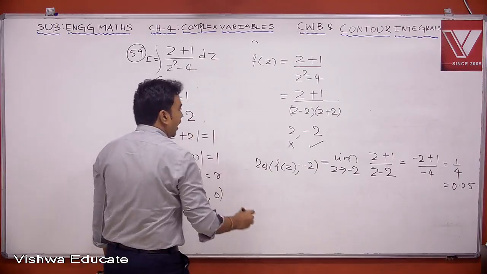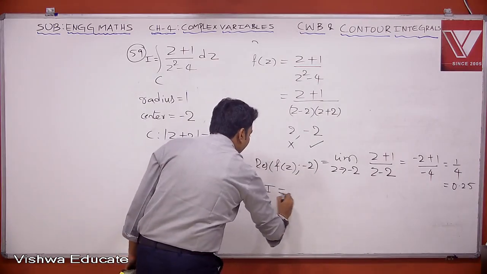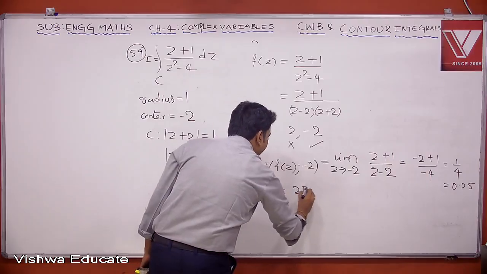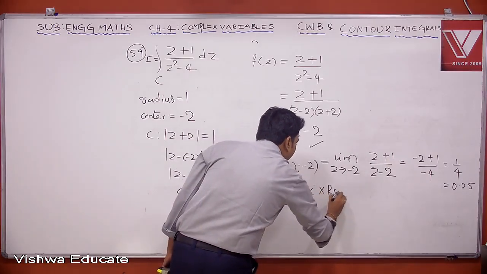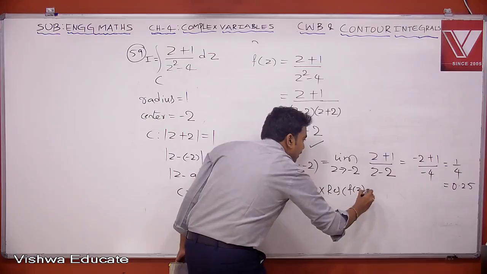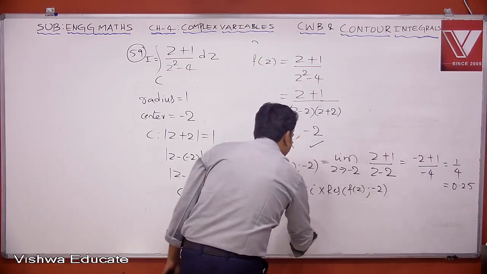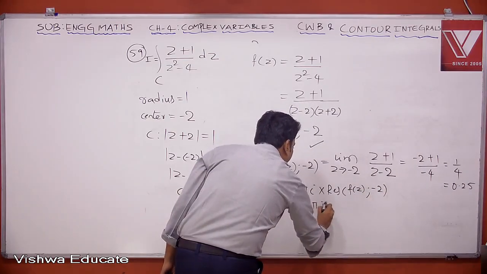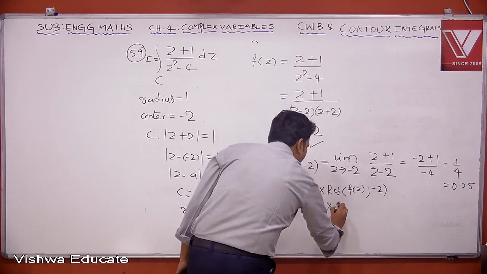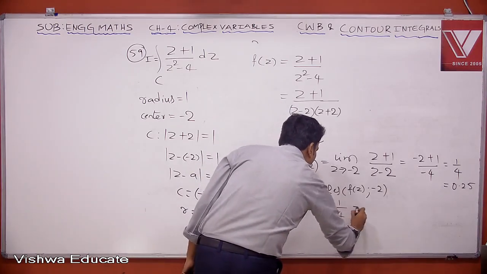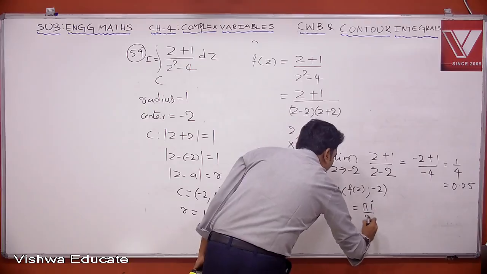Therefore this integral I is 2 pi i into the residue of f of z at minus 2 only. So this is 2 pi i into, of course you need not simplify to a decimal value, 1 by 4. So this is pi i by 2.